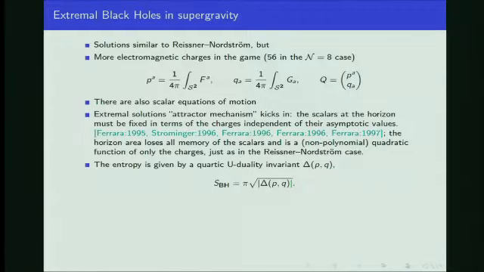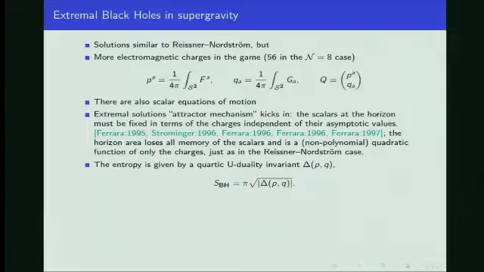So the solutions are in some ways similar to that Reissner-Nordstrom solution, except now we've got 56 charges instead of 1. There are also scalars to worry about. And you find that according to this attractor mechanism, as you go to the horizon, which is what gives you the entropy in the Hawking picture, you lose all memory of the values of the scalars at infinity, and the entropy depends only on the charges, just as in the Reissner-Nordstrom case.